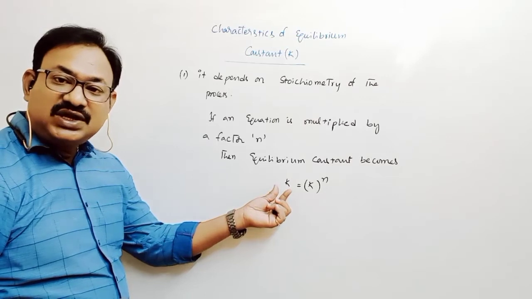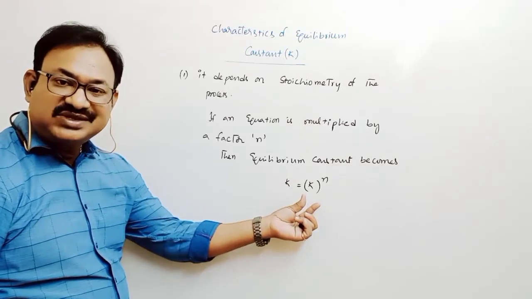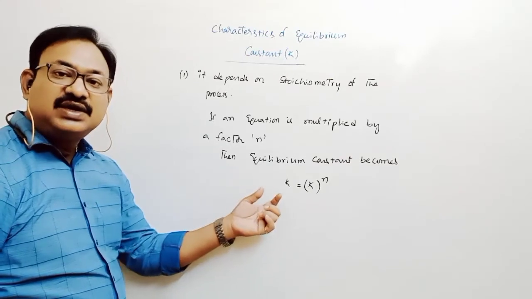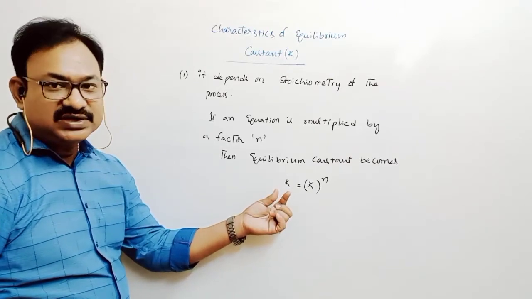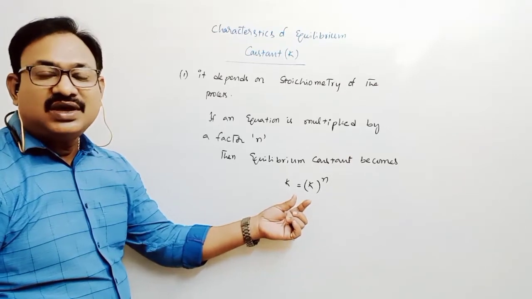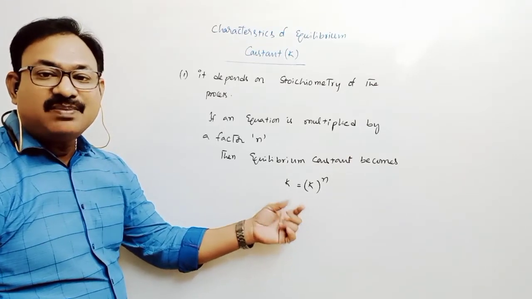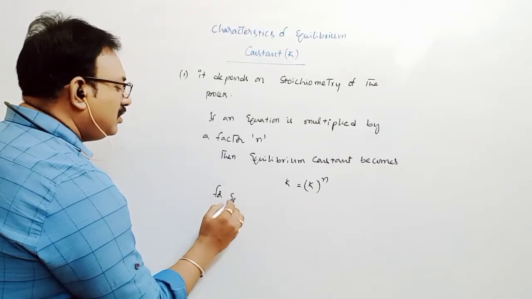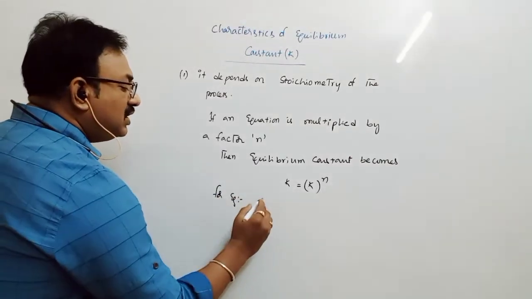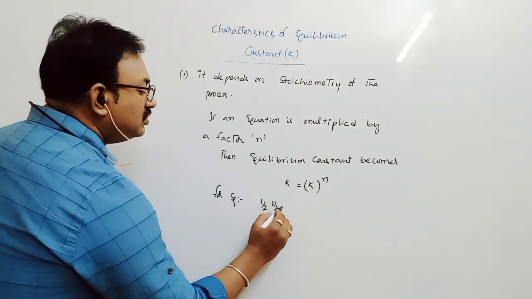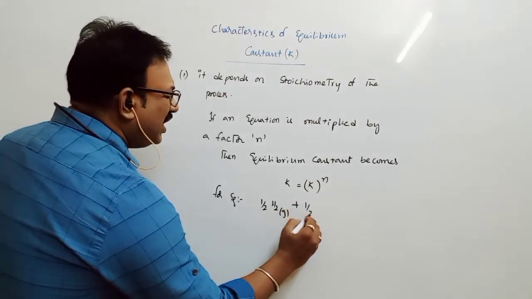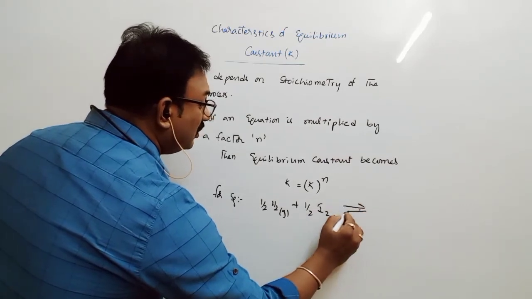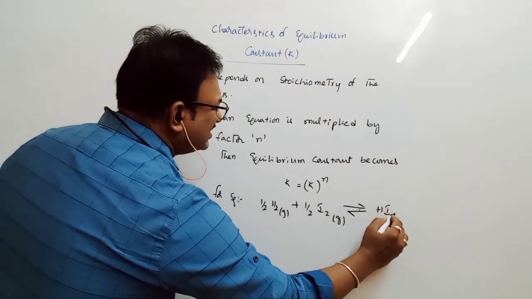That means the initial equilibrium constant is K, and now it becomes K power n. If it is multiplied by a factor n, initially the equilibrium constant is K, so now the new equilibrium constant becomes K power n. For example, half H2 gas plus half I2 gas gives rise to HI gas.